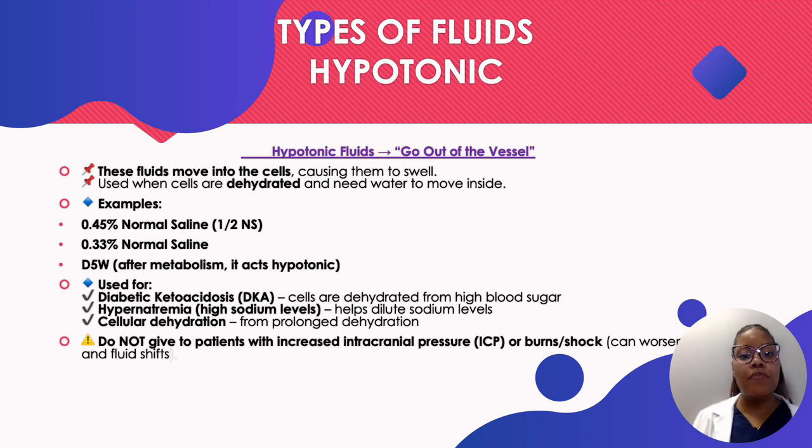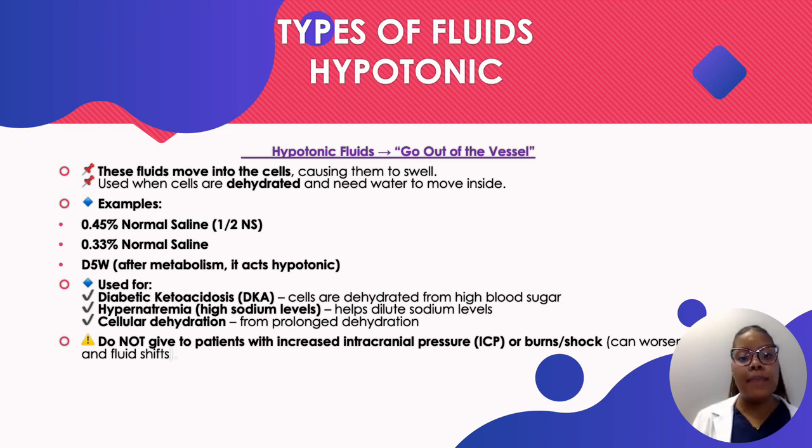So you want to remember that they cause the cells to swell. So it's used when cells are dehydrated and need water to move inside. So think about it, the cell is dehydrated, but now we need to hydrate the cells. So we're going to use a hypotonic solution, and that causes the cells to swell.